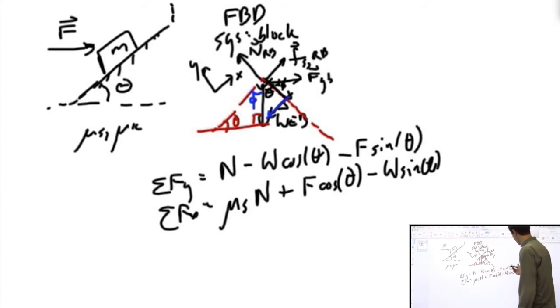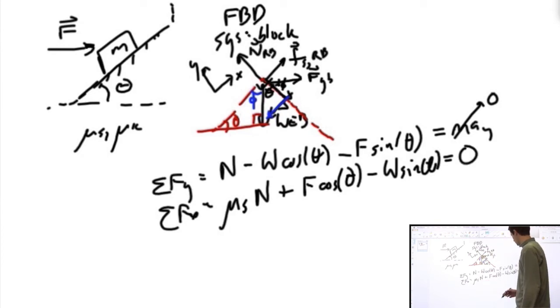This looks good. In the y direction, these sum up to mass times acceleration, m a_y, but since it's not moving in the y direction, I say this is 0. As a result, I can find my normal force. Over here, I want this to be 0, because I don't want it to move.